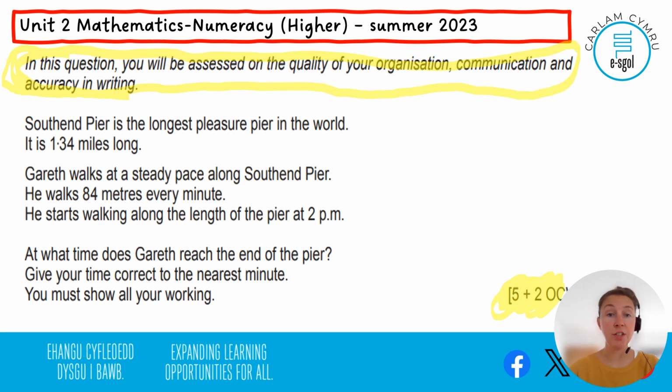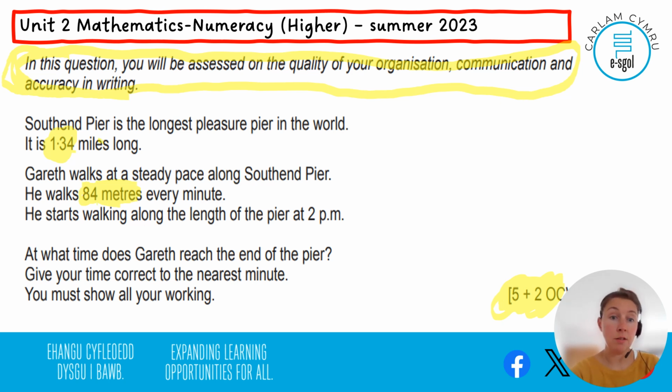So the question is, Southend Pier is the longest pleasure pier in the world. It is 1.34 miles long. Gareth walks at a steady pace along Southend Pier. He walks 84 meters every minute.